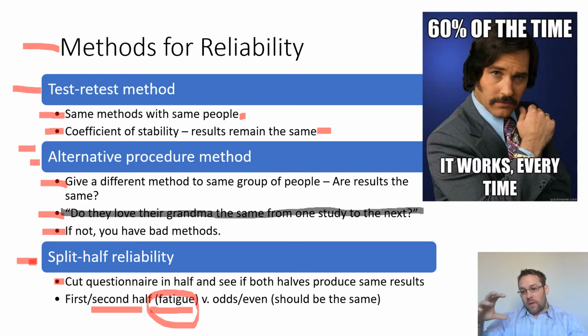So split-half reliability means that after people have taken the test, you split it in half and add up the results separately, and you should get similar results. Let's say you're studying happiness, how happy you are as a person. They should be just as happy in the first half of the test as in the second half, if you're talking about overall happiness.